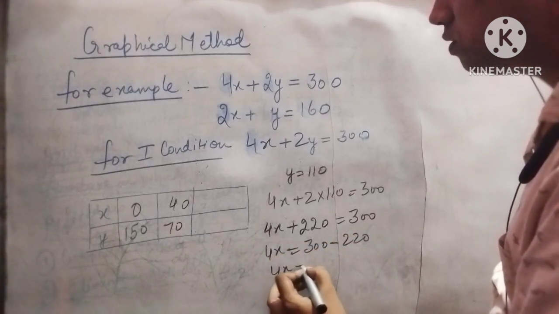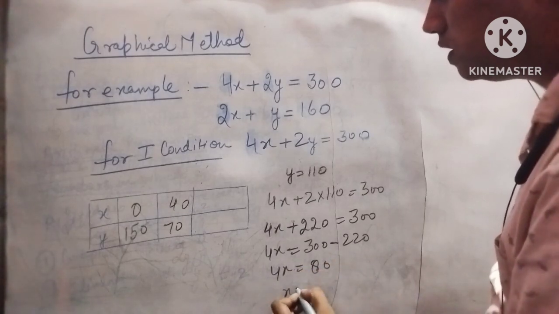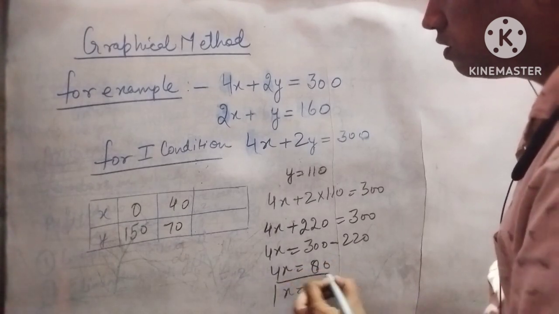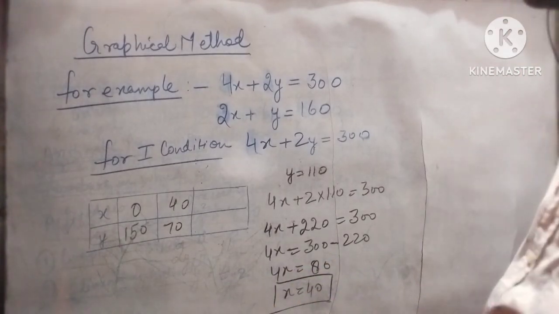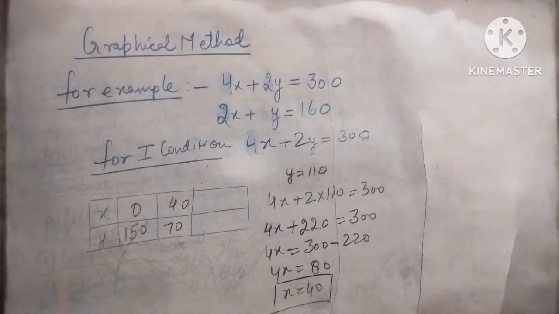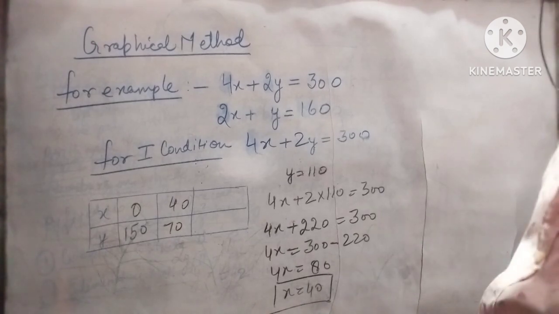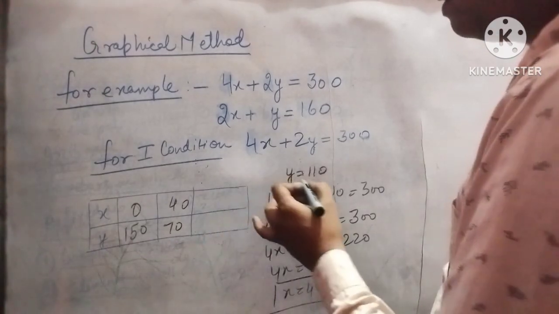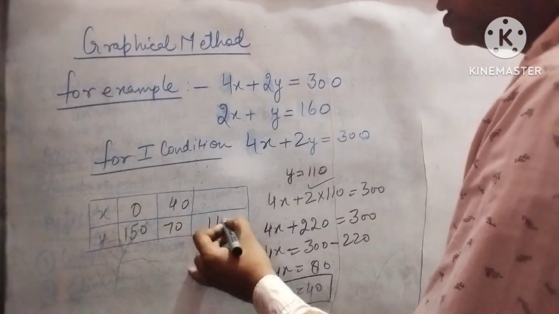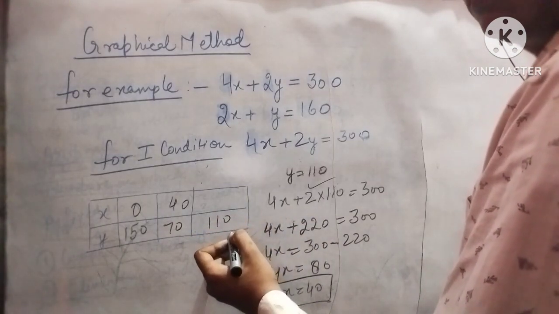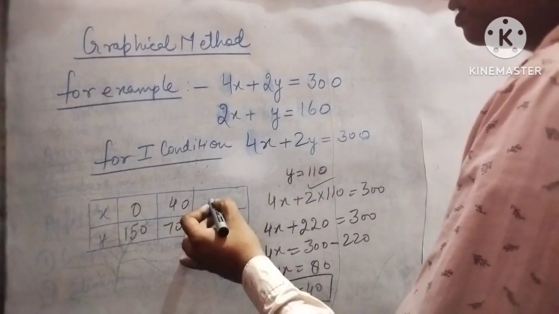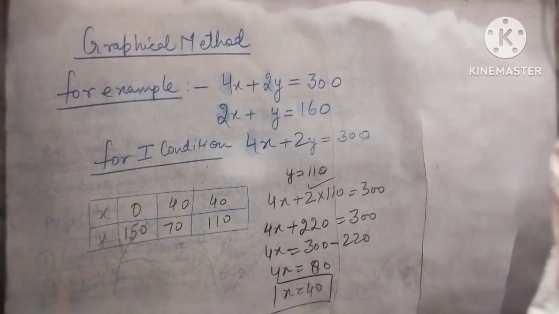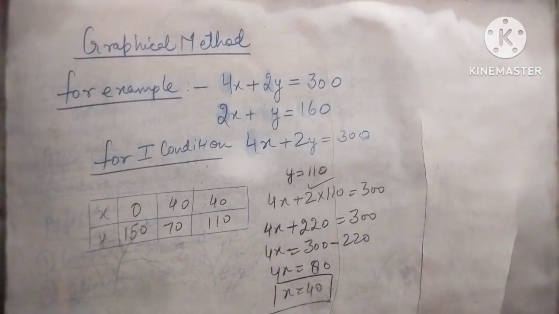So 4x equals to 80. The next is x equals to 20. So there are different methods. If we are taking the value of y, we will get the value of x. If we are taking the value of x, we will get the value of y. So if here we have taken the value of y, which is 110, that is why we are getting the value of x as 20. So I hope that you have understood what I have explained you.